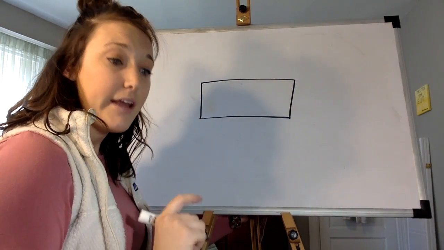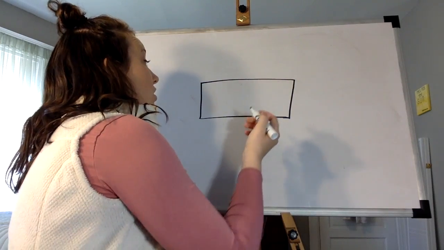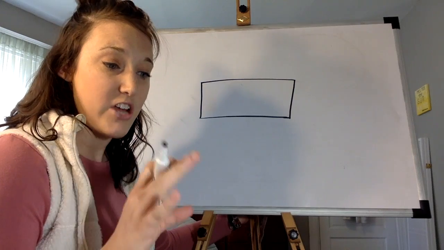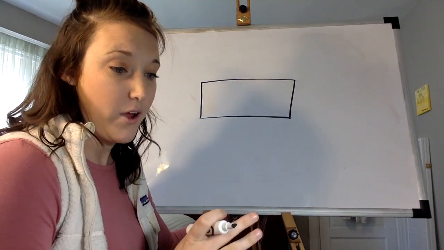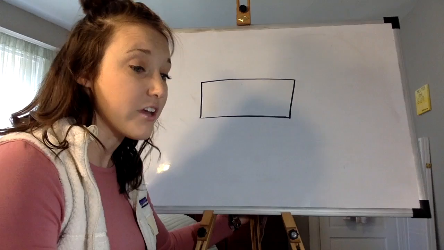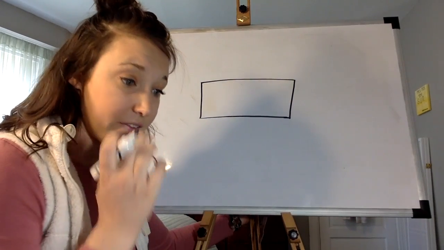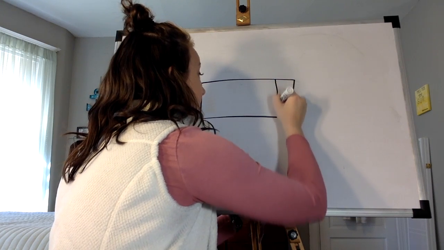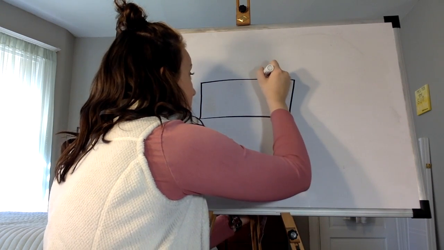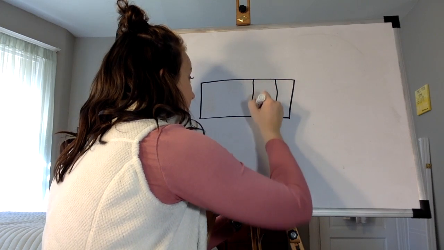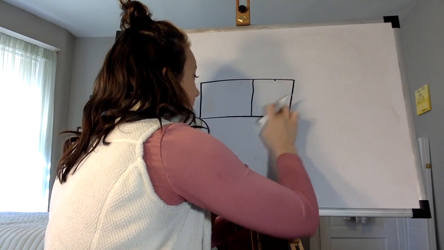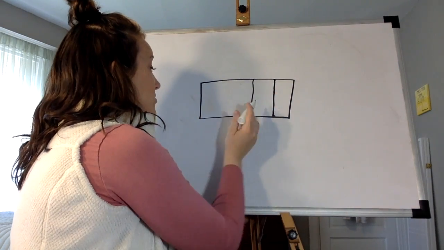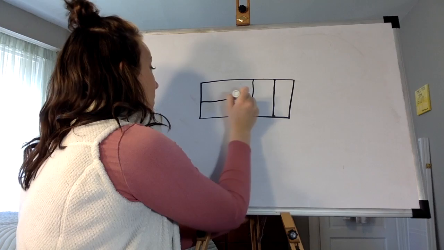Now, you can divide a shape in many different ways. As you can tell as you're looking through these, there's more than one way to divide these shapes. So here we have a division line here. That's not very straight. And a division line here. Let me make that one straighter. Okay, so that's 2. And then it's split again right here.